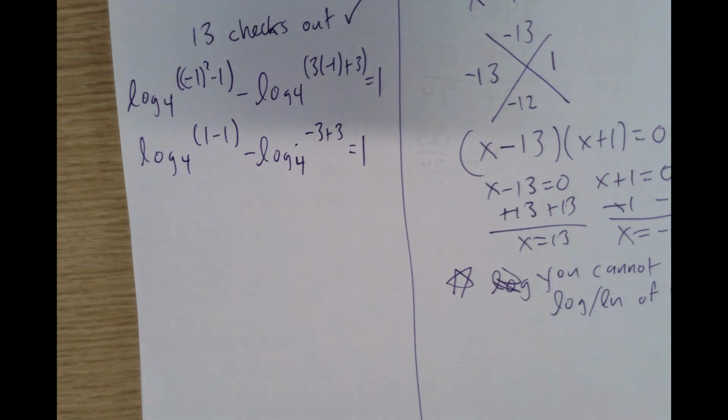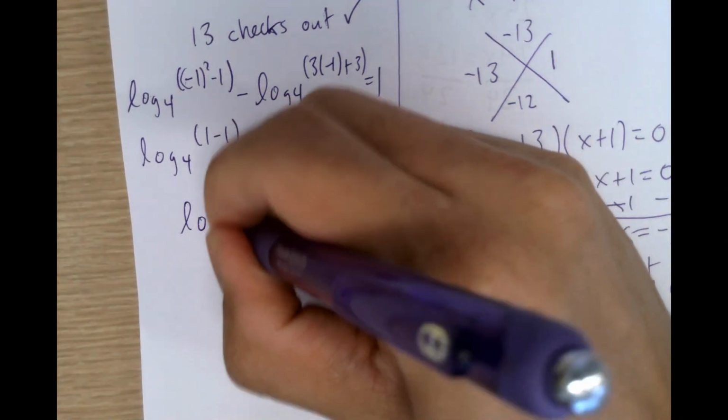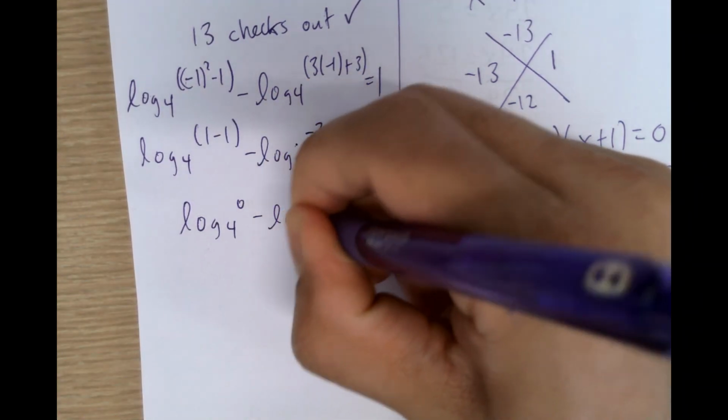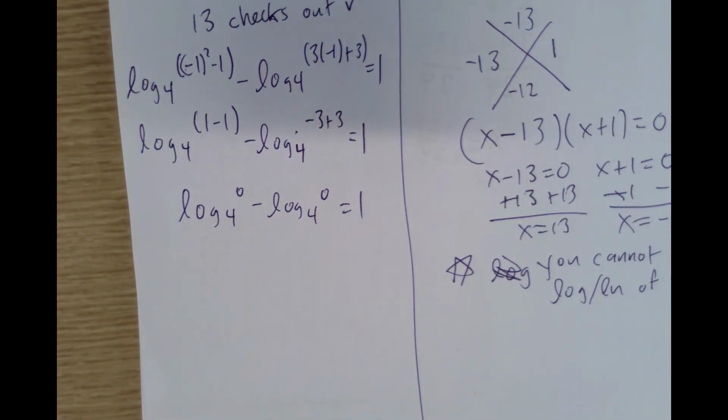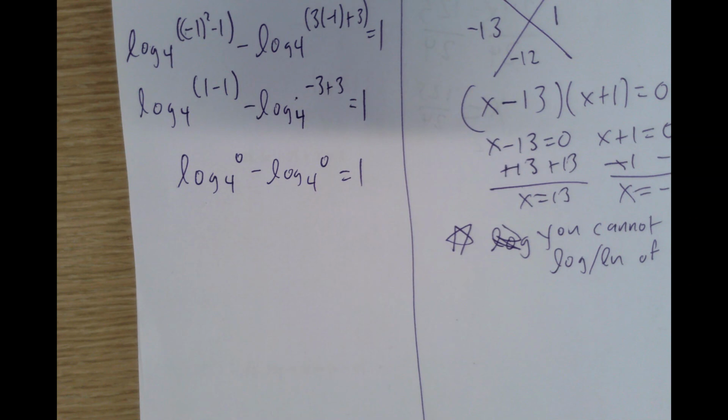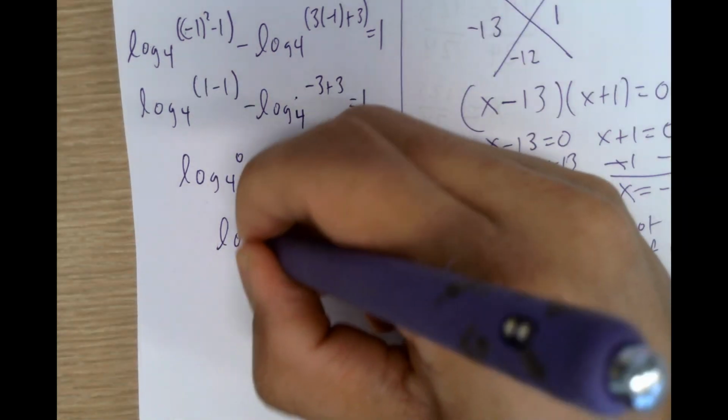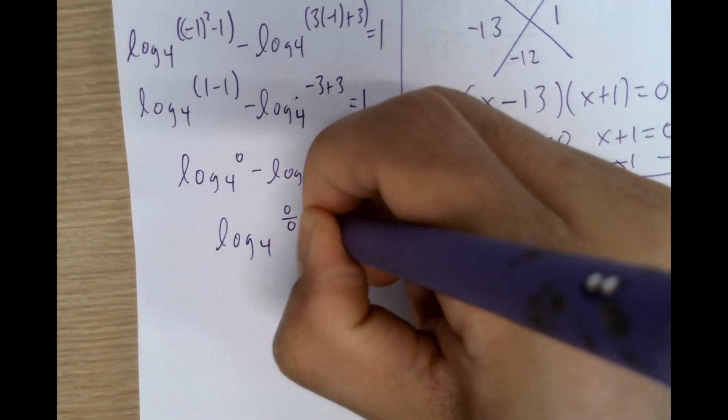So then we get log 4 of 0 minus log 4 of 0 equals 1. Or technically log 4 of 0 divided by 0 equals 1.